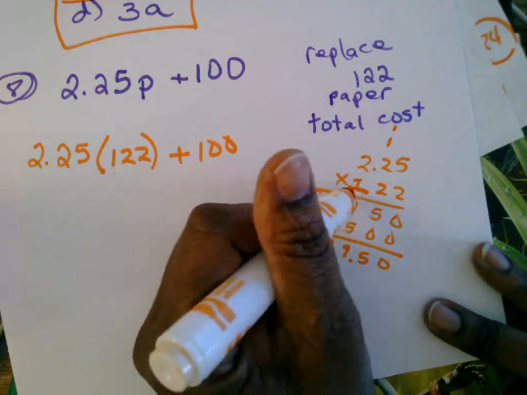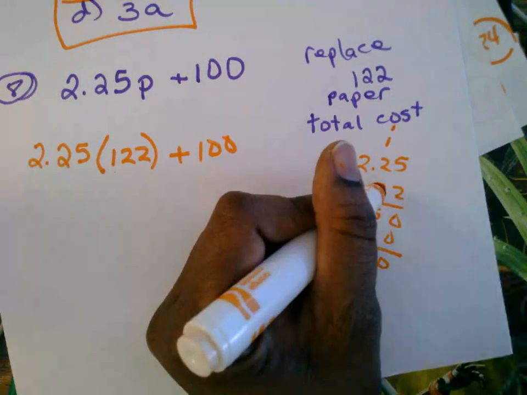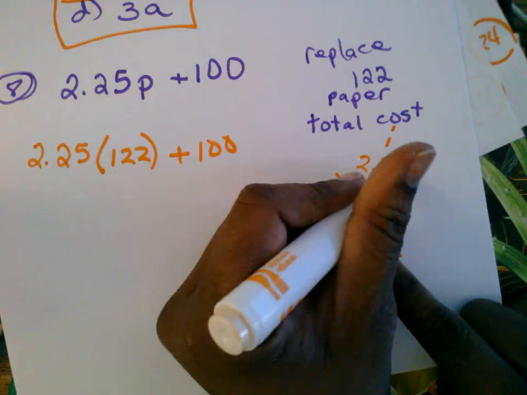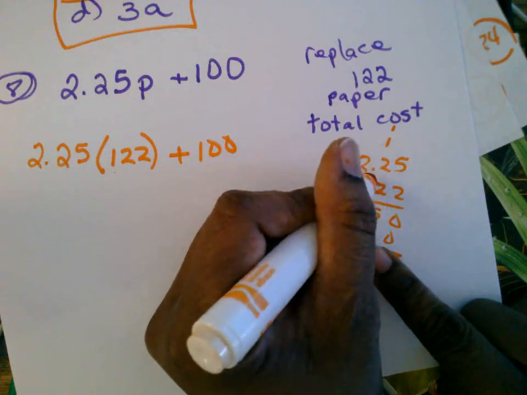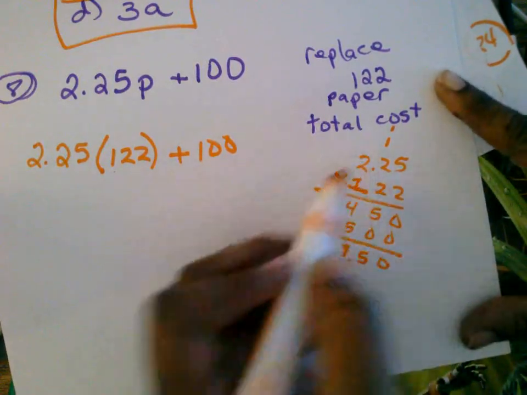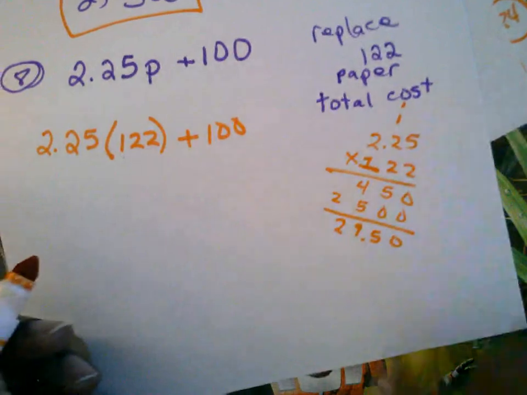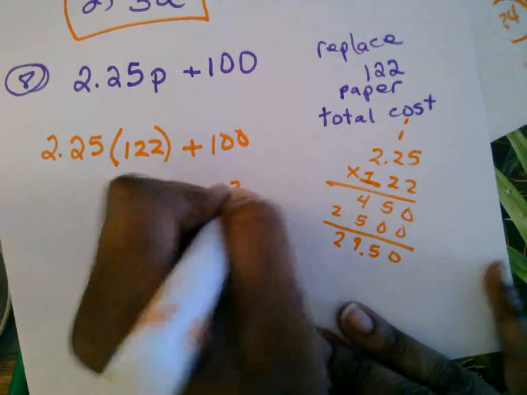Oh, I think I've not done it right. 0, and then 0, 4, 4. Ooh, I did that wrong. If at first you don't succeed, try again.